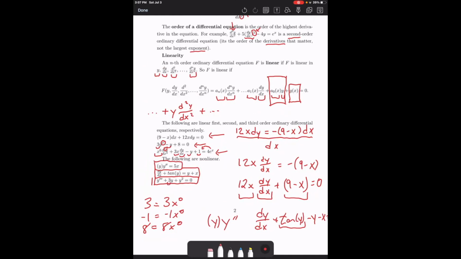It's not the 3 that is multiplied by y, and it's not the 0 over here. That all falls into our definition. It's the y squared term. If we look at, again, what y looks like in our definition of linearity, y needs to be multiplied by some function of x. But here, y is actually multiplied by y to give you y squared. And y is not a function of x.